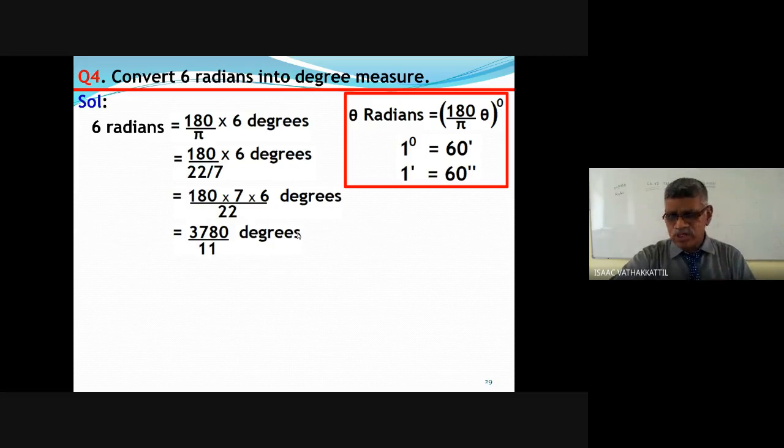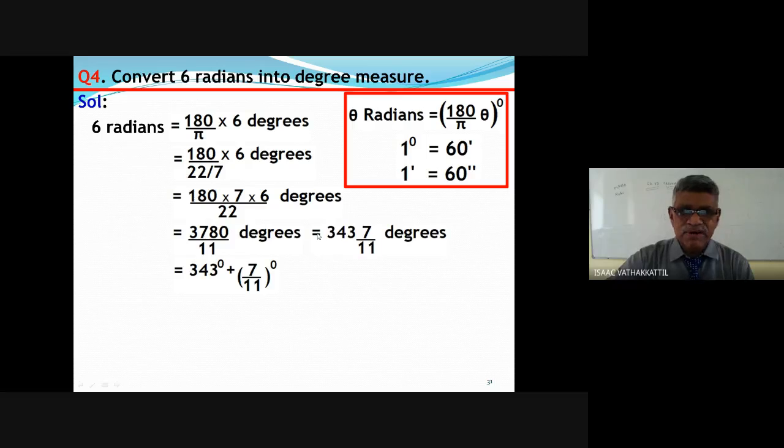Now, because we have minute portions for degrees, minutes and seconds, we can subdivide and classify, like rupees and paisa. So 3780 divided by 11, we have the integer portion 343 and 7 by 11 fraction degrees. Now this 7 by 11 degrees, I can convert into minutes by multiplying with 60.